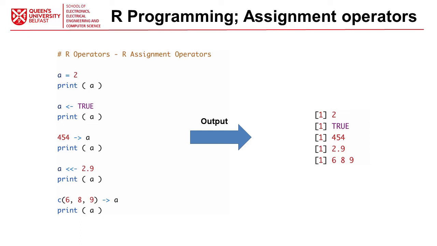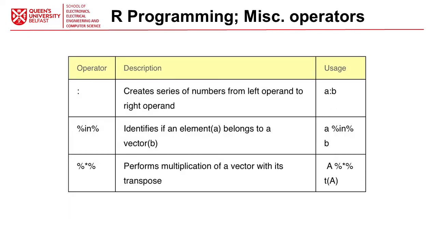So the last one is miscellaneous operators. We have the colon, which I already mentioned. You can use this operator to create a sequence of numbers. This is a really useful operator that you can use anywhere, including when you're dealing with a data frame and specifically with the index.